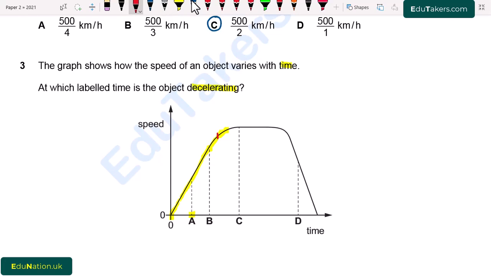After that, from point B to this point, the speed of the object remains constant. But after this point, up to the end of the journey, the speed is decreasing, meaning the object is decelerating. So at point D the object is decelerating. So here D is correct.